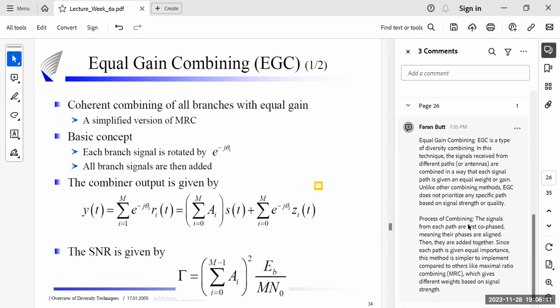In the process of combining, the signals from each path are first co-phased, meaning that their phases are aligned, then they are added together. Since each path is given equal importance, this method is simpler to implement compared to the maximal ratio combining, which gives different weights based on the signal strength.